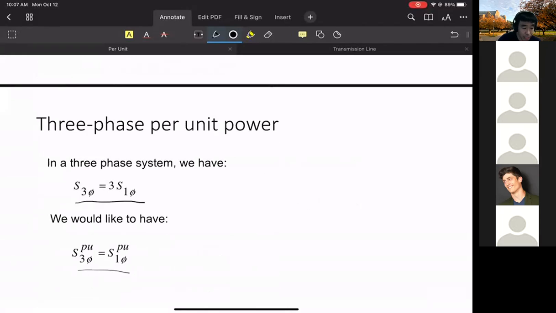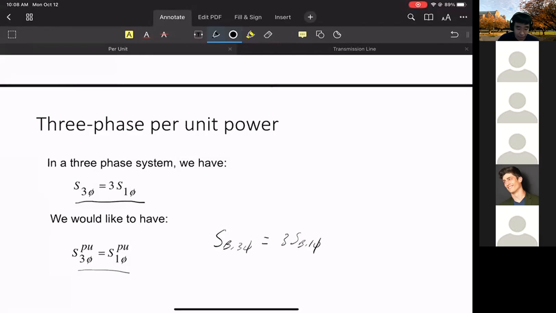So what we can do is choose the per unit system to already have the three built into it. These are the obvious things you should do. If we make these types of choices, then this will be correct. We do a circuit analysis, everything will be simple.